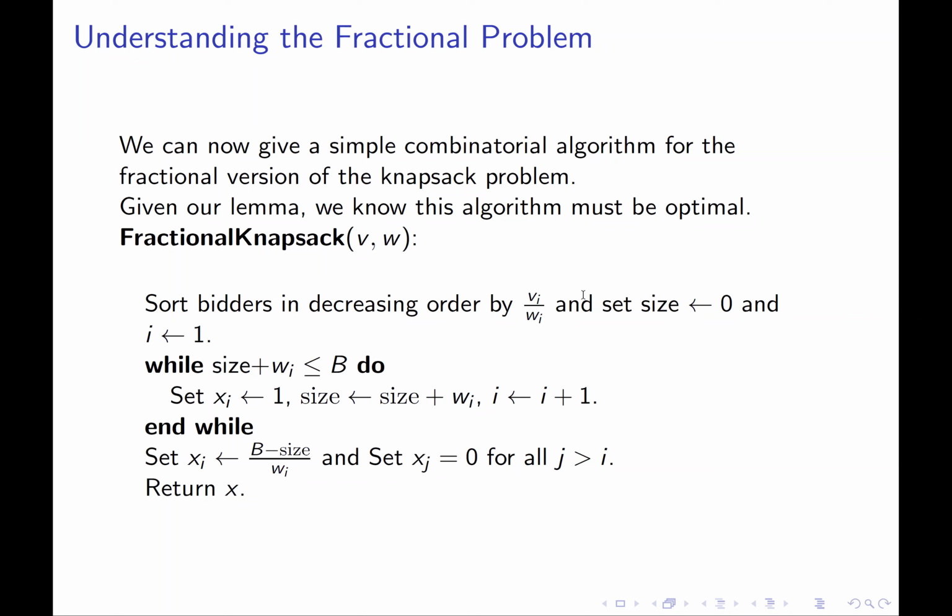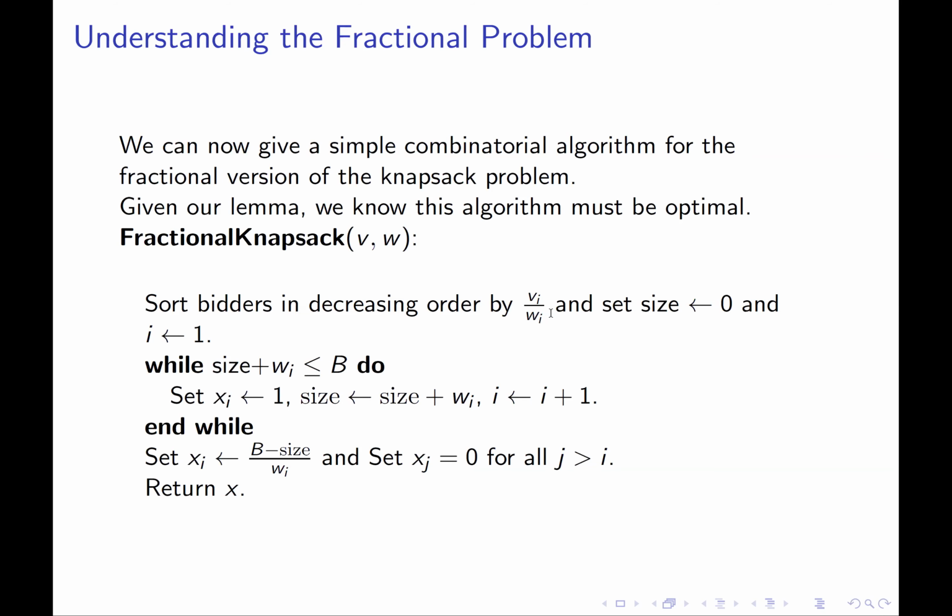What you have to do to come up with an optimal solution is sort the bidders in decreasing order of their value density. We have to sort them by their value density, Vi over Wi. And then we just have to start allocating these bidders in decreasing order of their value density until we run out of budget, right? Because if we do anything else at all, that will result in some lower density bidder getting an allocation before we've fully allocated some higher density bidder.